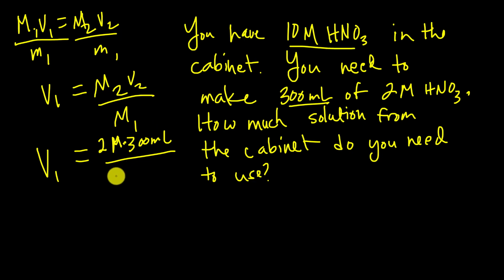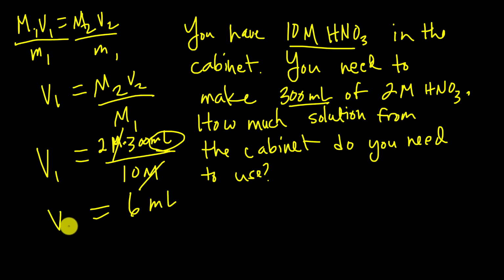That's going to be 10 molar, so 10 M, and you'll see here that the moles cancel out, and we'll have an answer in milliliters, which is going to be just fine. Let's do that calculation. All right, so I'm getting, as my answer, 60 milliliters as the volume 1.